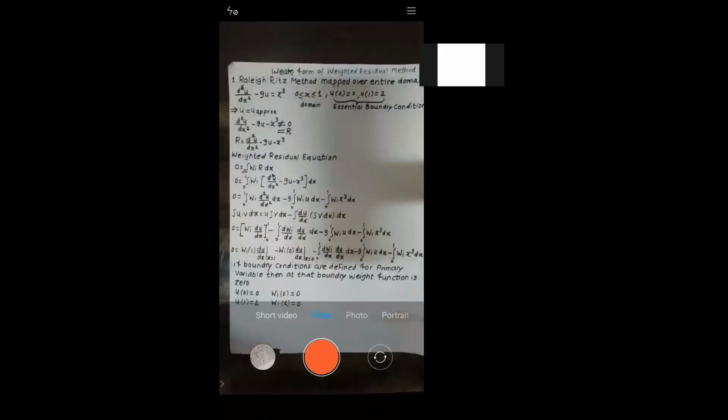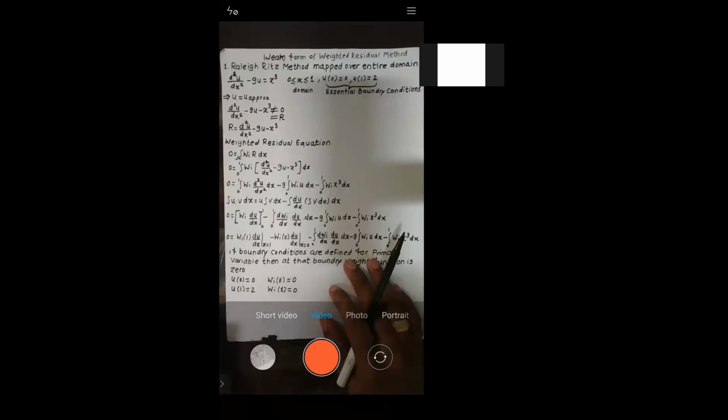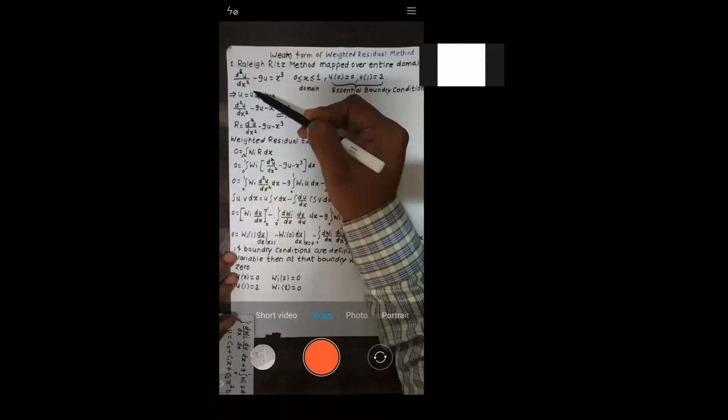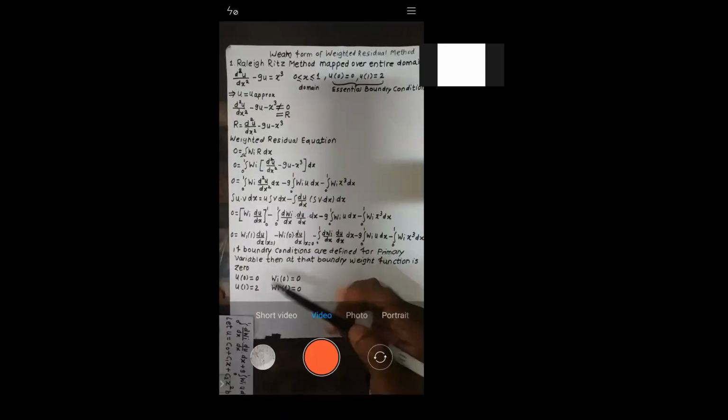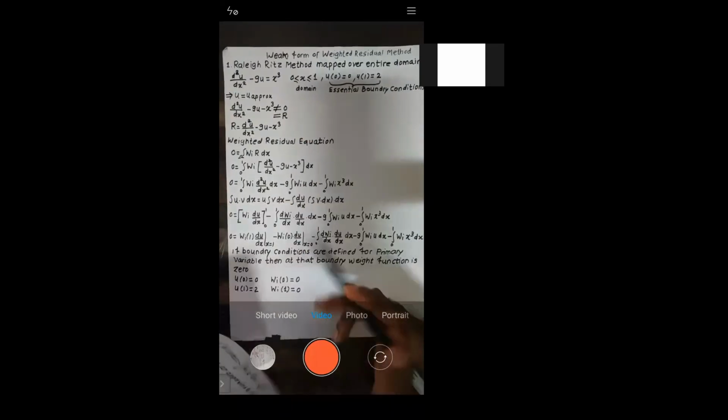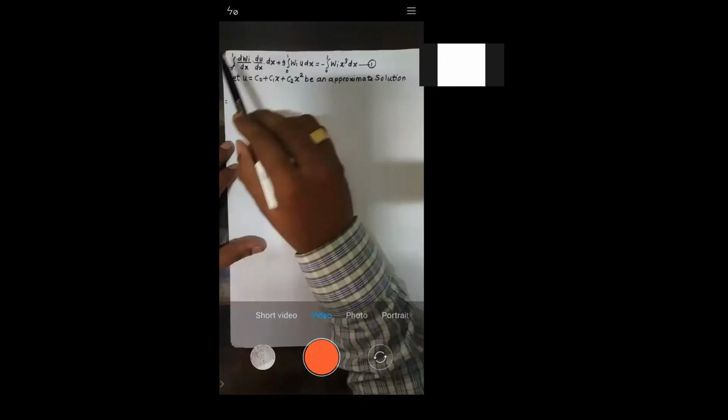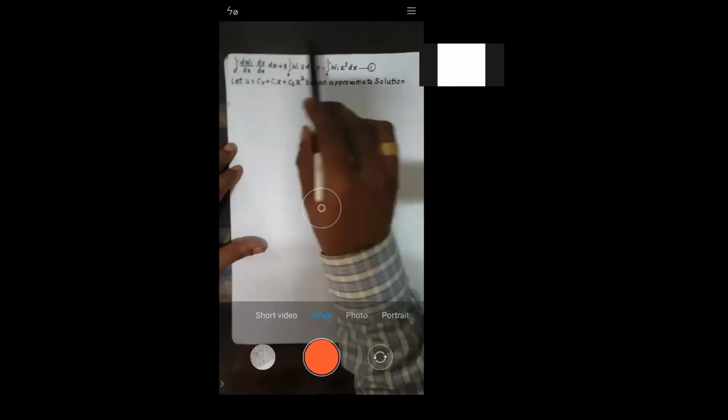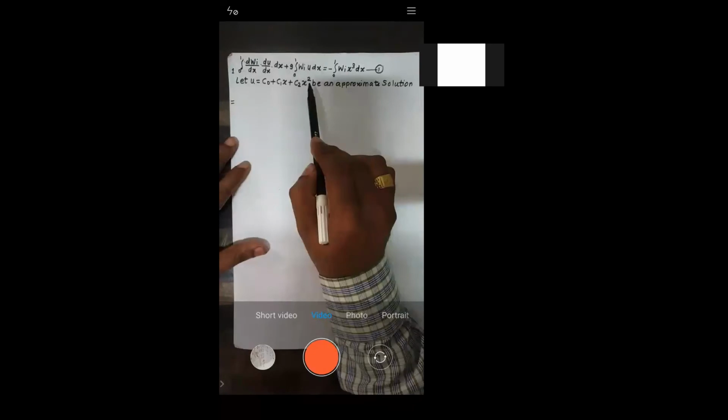Now see what we have done in the Rayleigh-Ritz method. Initially we solved this equation in such a manner that we have reduced its degree to half. So here you need to deal with less power of x.